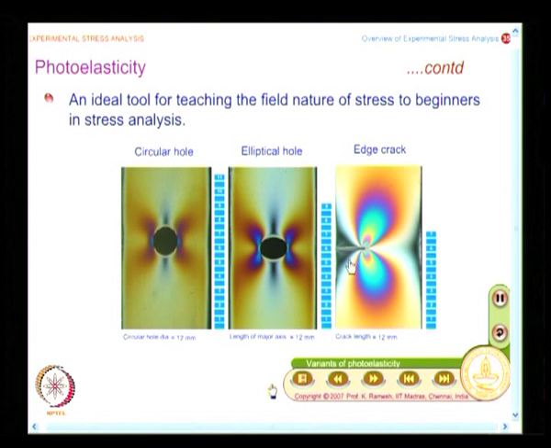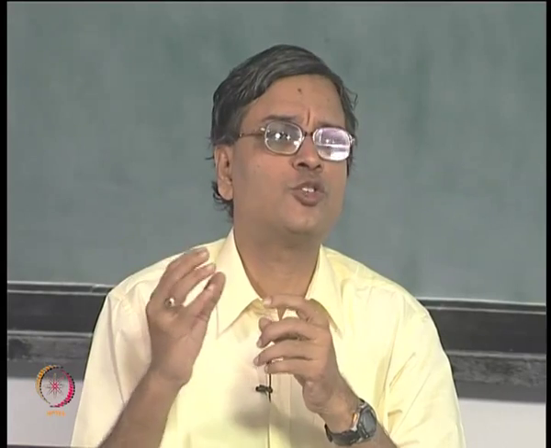The Westergaard solution is very prominent, the Williams solution is very prominent. So, in theory of elasticity, when they analyze infinite geometry with any one of these defects or cutouts, you have a name attached to those problems. So, photoelasticity is very good to understand stress concentration, to understand the field nature.